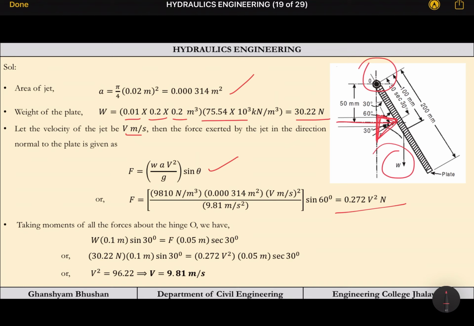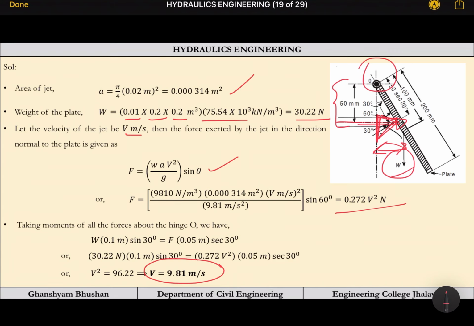Only two forces are there: F exerted by the jet and the weight. The weight's distance will be 0.1 into sin 30 degrees, and F is hitting here, so this is 0.05 into sec 30. This is simple geometry, which you can easily do. After solving, you will get the velocity as 9.81 meters per second.